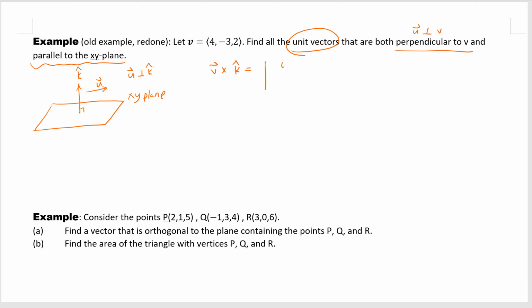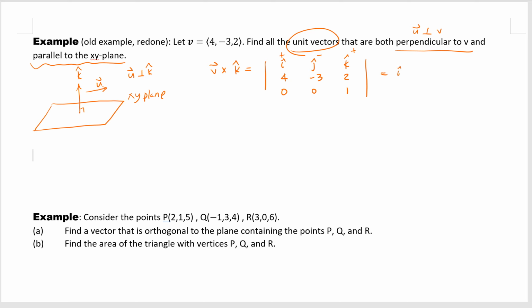So this is i, j, k. V is 4, negative 3, 2, and K is 0, 0, 1. Let's see here. This is plus, this is minus, this is plus.